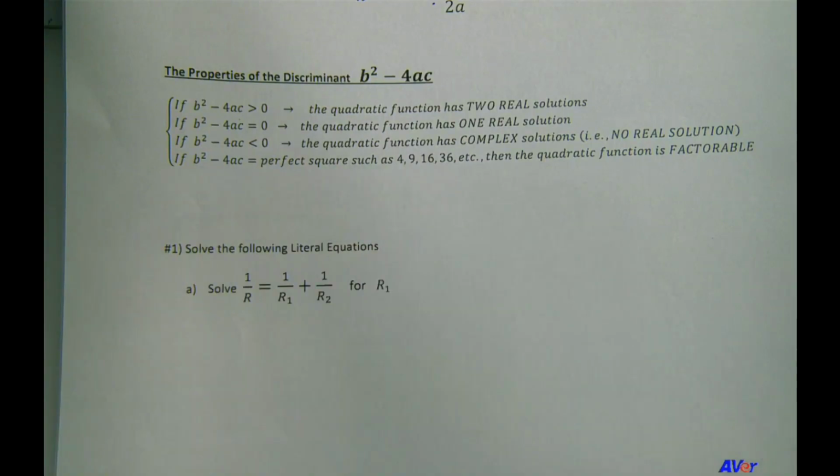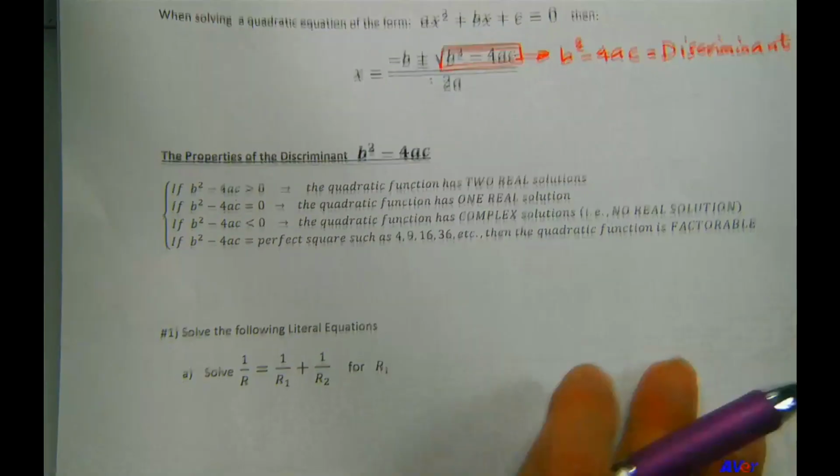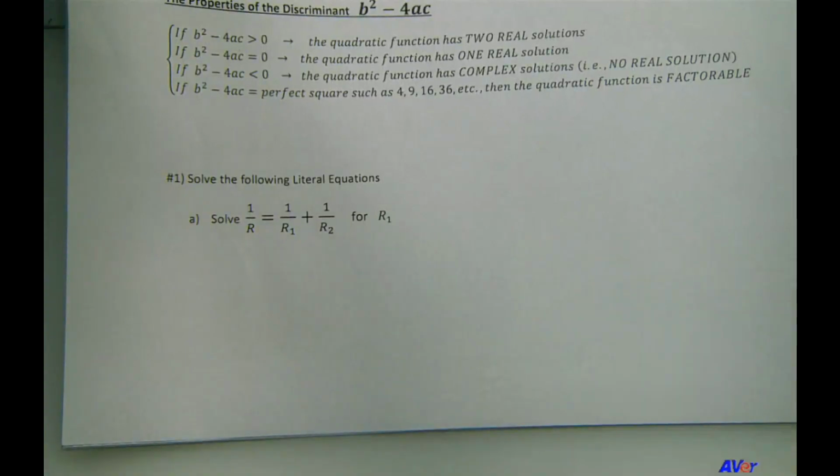You can take a look at the discriminant and calculate the value. If it's a perfect square, then you know the quadratic function is factorable. Okay, so we will use all these properties and statements throughout this section. But for now, let's start by solving literal equations.